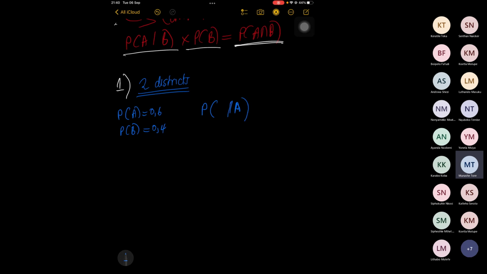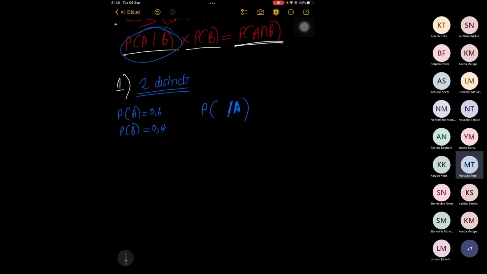So it's going to be the probability of something, I don't know what that thing is, given it's coming from A. That's what conditional probability means. Like in this case, it's probability of A given B. So in this case, they are saying of all the calls coming from district A, you already know that your condition is going to be A, isn't it? Then we want to know whatever it is that they're talking about.